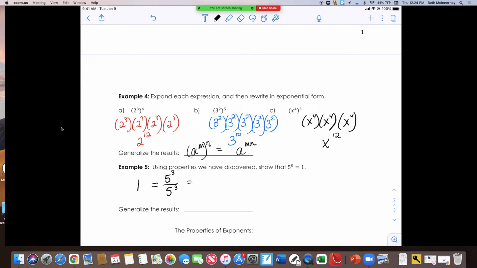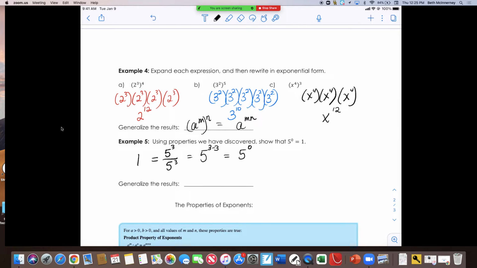Now over here, if I also use my quotient rule where I can subtract the powers, isn't that 5 to the 0 power? That's why anything to the 0 power is 1. And when I say anything, it technically isn't anything. It's anything except 0, because 0 to the 0 actually isn't 1, okay?